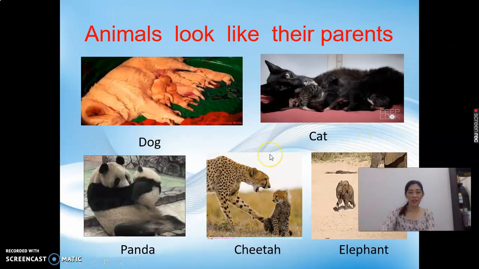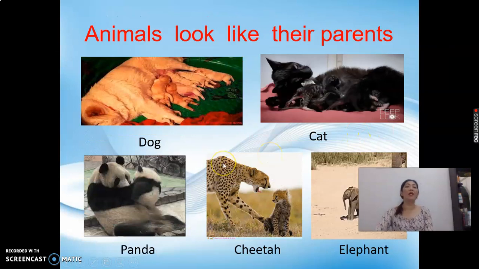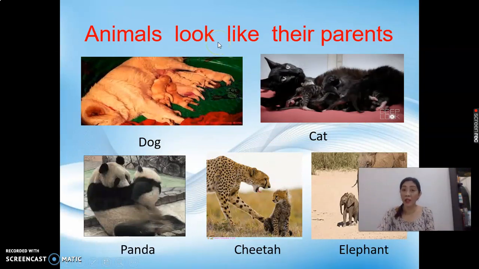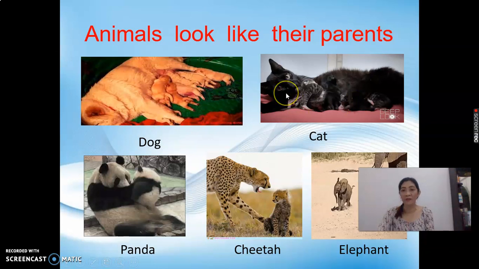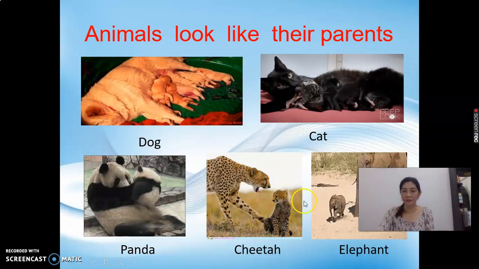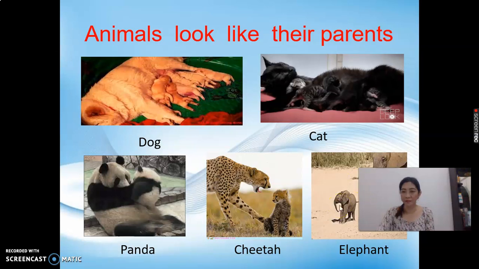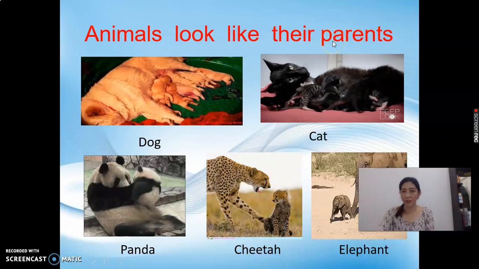The next is animals that look like their parents. They are the same. Look like their parents.